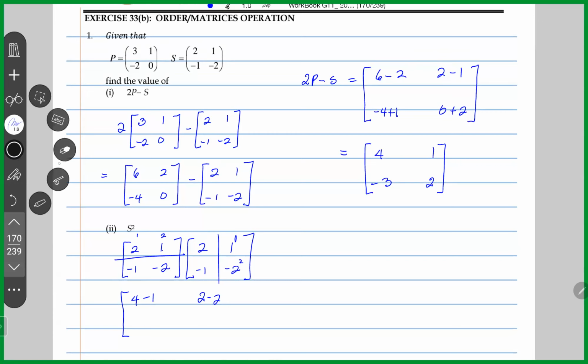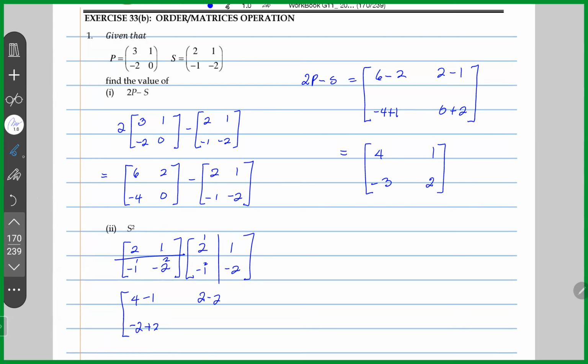Next, we're going to move to the bottom row and the left column. First by first, second by second. Minus 1 times 2 is minus 2. Minus 2 times minus 1 is positive 2, because a negative times a negative is a positive.